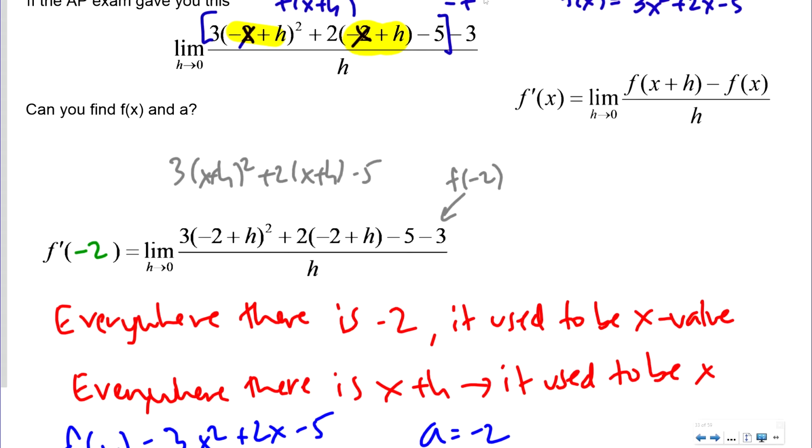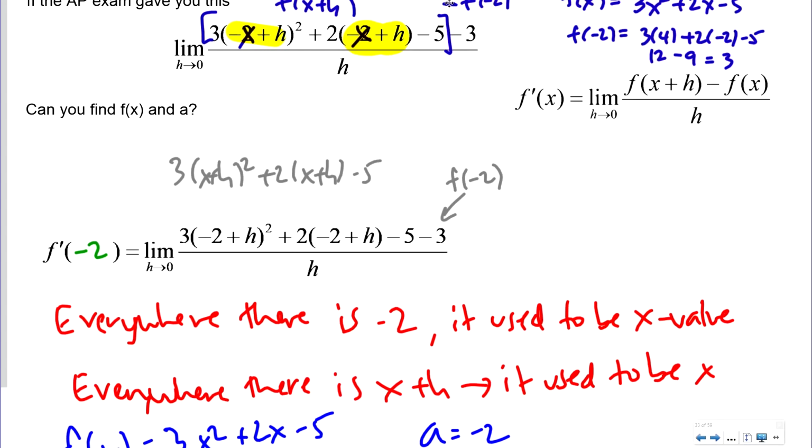Really what they did was plug in -2 into their 3x squared plus 2x minus 5. We can do it, and you'll see that's where they got the 3. That'd be 3 times 4 plus 2 times -2 minus 5. That's 12 minus 9, which is 3. So that's where they got the 3 here.